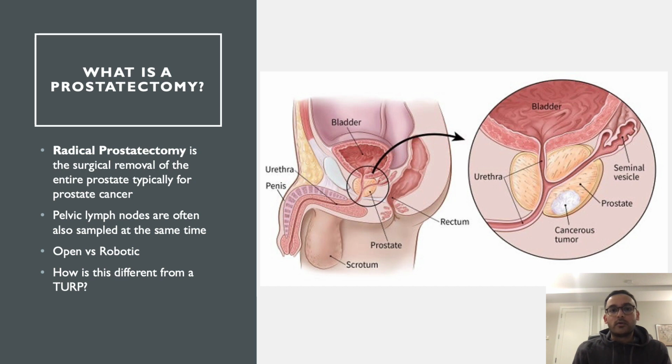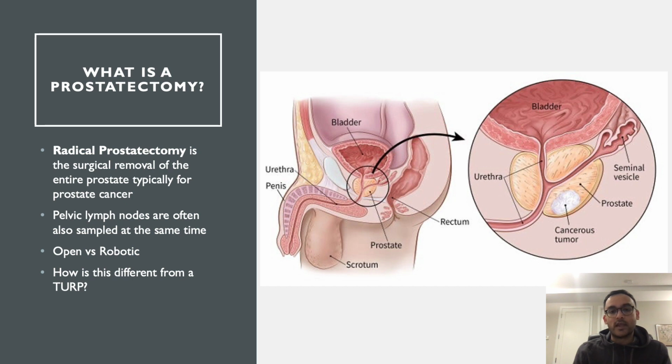Now, a lot of people often will ask me, what is the difference between a prostatectomy and a TURP? So prostatectomy is typically done for prostate cancer that is localized to the prostate and has not metastasized yet. A TURP is for benign prostatic hypertrophy. As men get older, most men develop enlargement of their prostate, which leads to lower urinary tract symptoms.